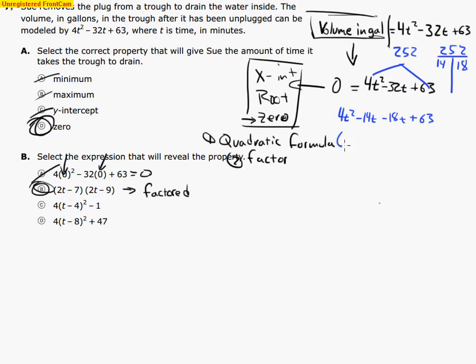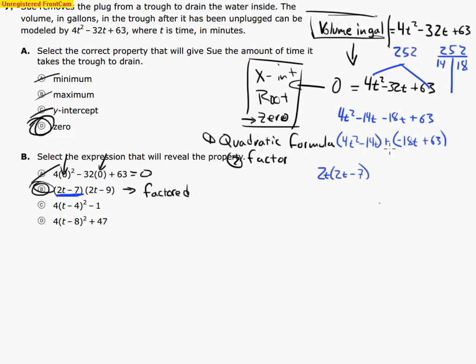I'm going to group 4t squared minus 14t, and group negative 18t plus 63. I'm going to go ahead and divide out a 2, so I take out a 2t out of the first group, leaving me with 2t and a negative 7. Bingo! Are we seeing my first factor?